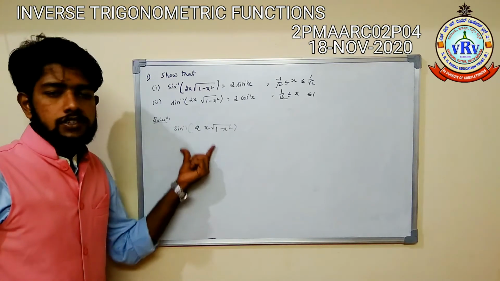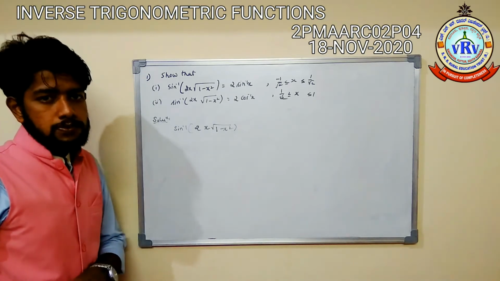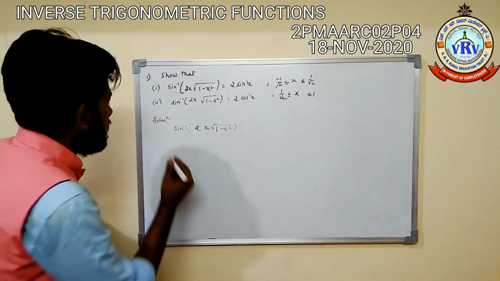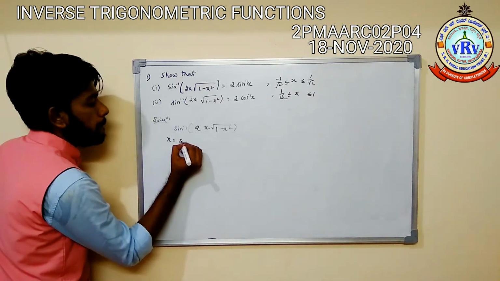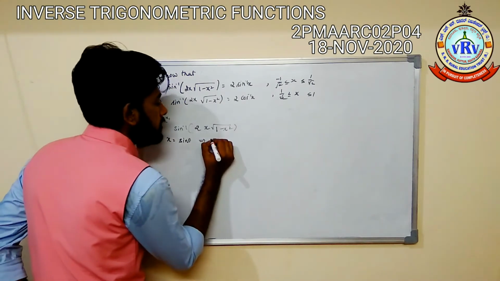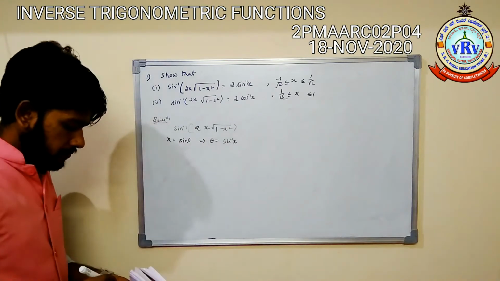Sine inverse of sine function is the identical function, as we did in the previous properties. Similarly, I will substitute here x as sine theta. So theta is equal to sine inverse of x.